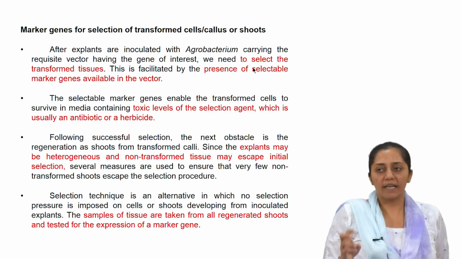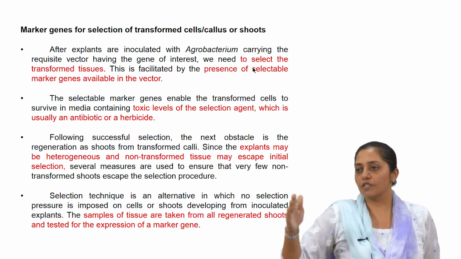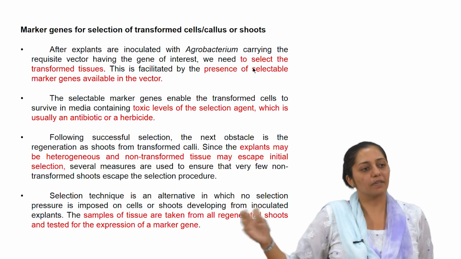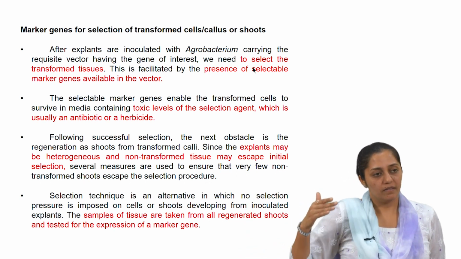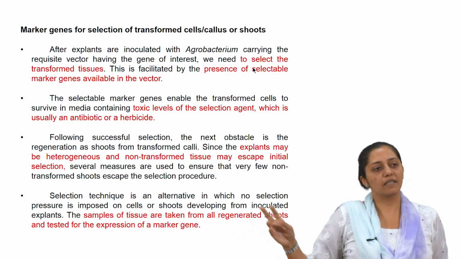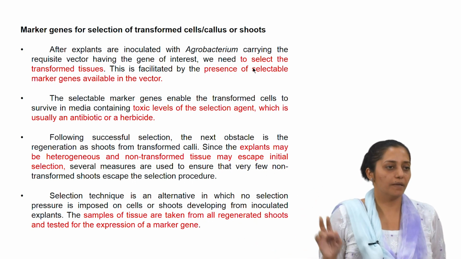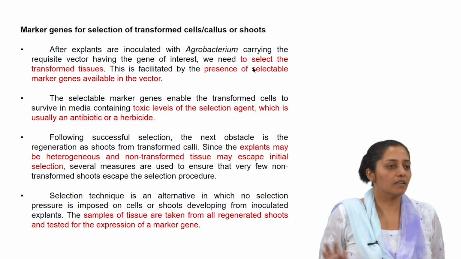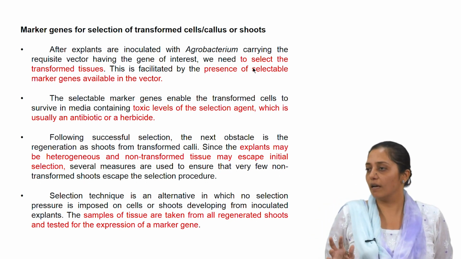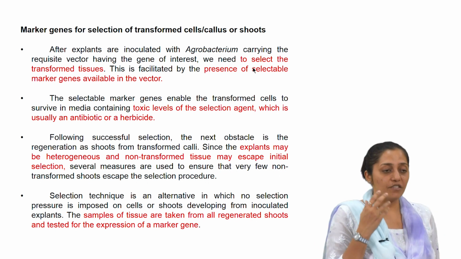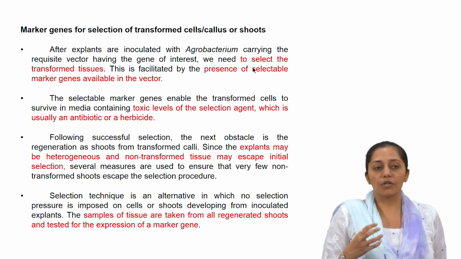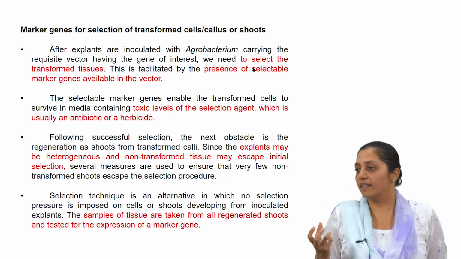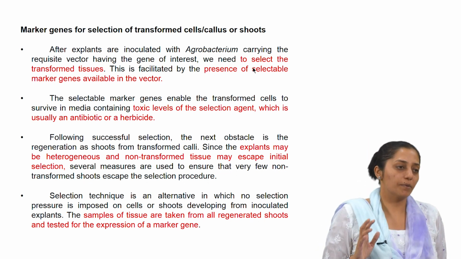Then subsequently, with a reduced concentration of the antibiotic, you keep subculturing, and after subsequent subcultures the antibiotic is removed from the medium, because the antibiotic itself can be inhibitory to plant cell growth, which you would not like to have for the transformed cells. In general, transformed cells, because you have genetically manipulated them, have compromised growth rates.